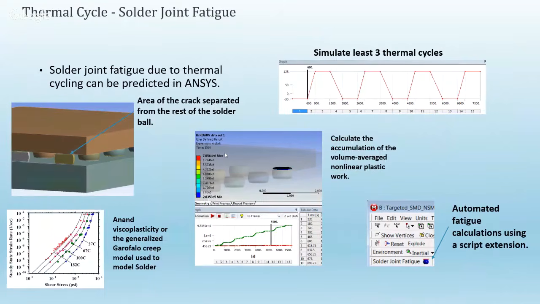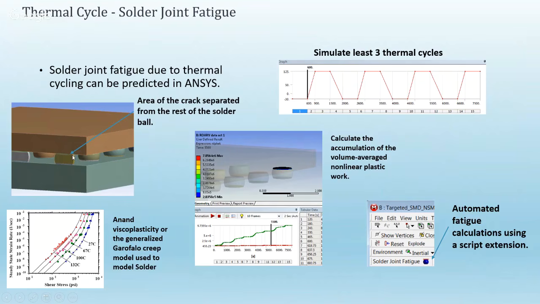So back onto why this method is really only used for large components and not on a full board level simulation. We know that cracks on solder balls will occur at the interface between the package and the ball, or between the PCB and the ball. So this is a fracture mechanics problem in that the crack will grow right at or near the edge, and we don't model the crack explicitly.